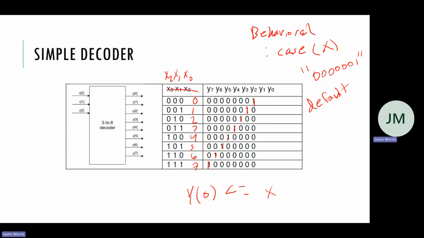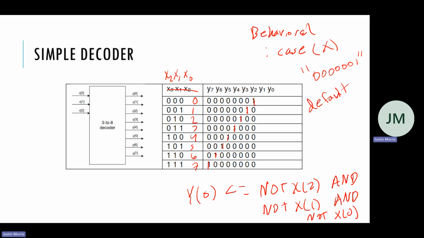Yeah, so x at 2, and you need to not it. So here it would be not x at 2 and not x at 1 and not x at 0, right?